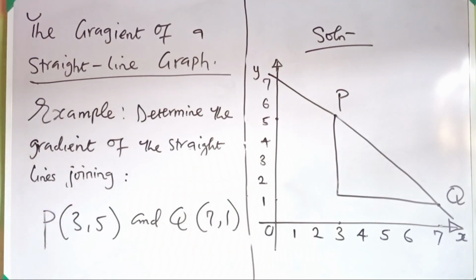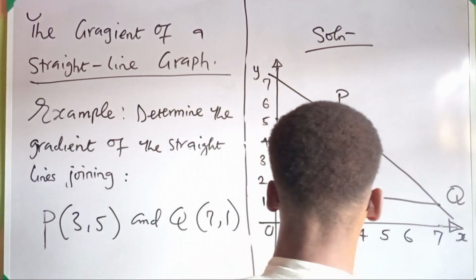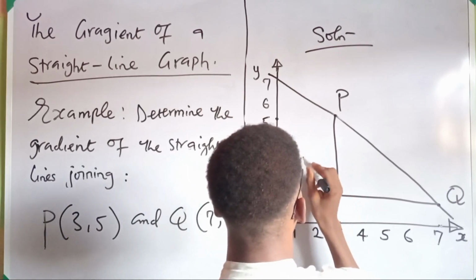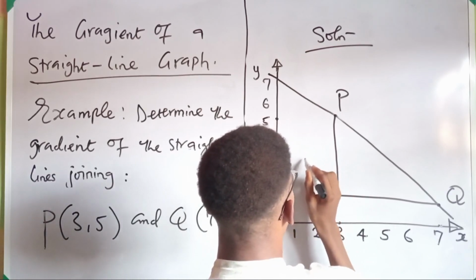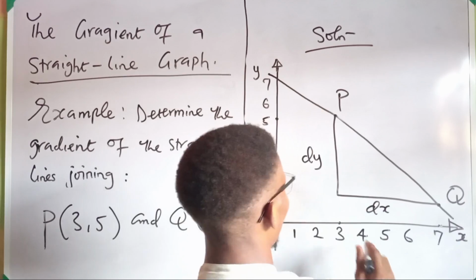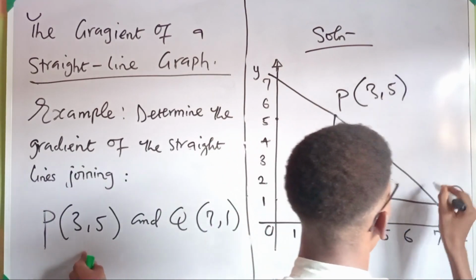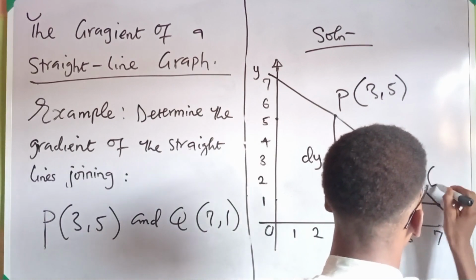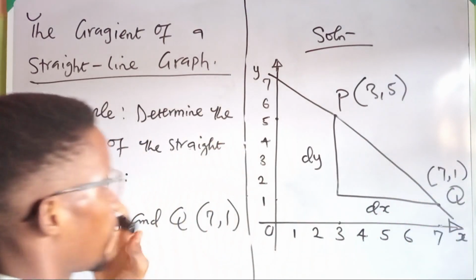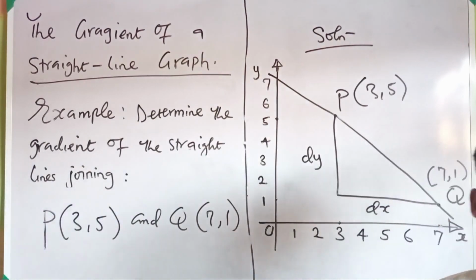Okay. So now, what do you do? Here is the changing y, which we can say is dy. Here is dx. This is the coordinate 3 and 5. This is the coordinate here, 7 and 1. You're almost done with what they expect you to do.